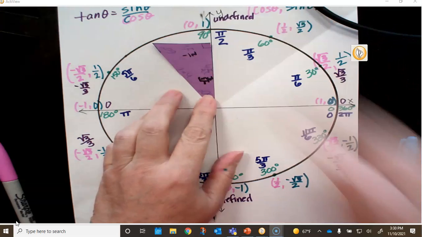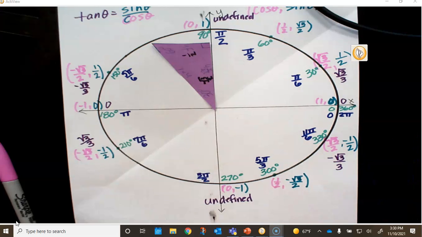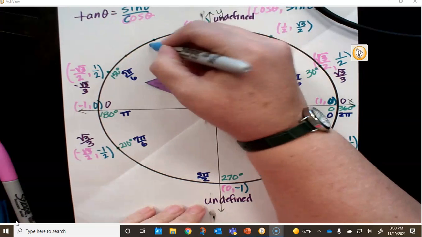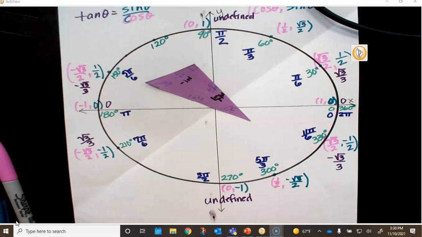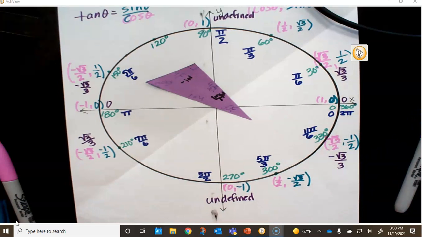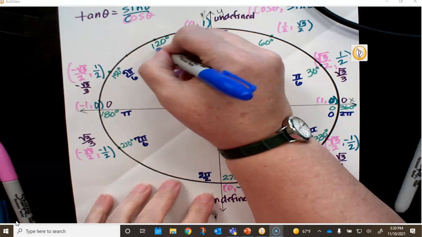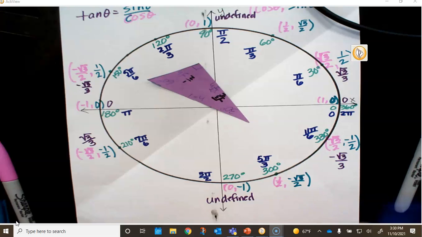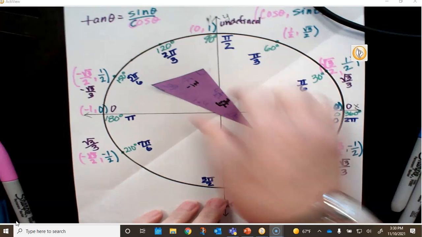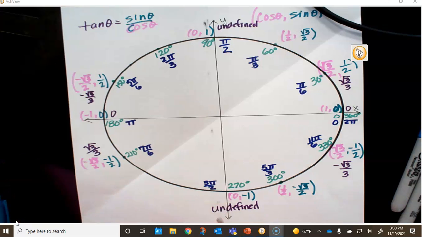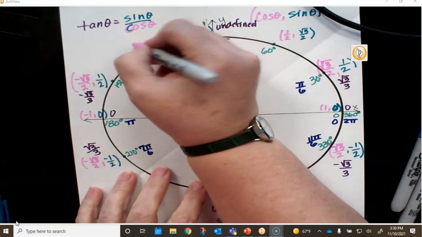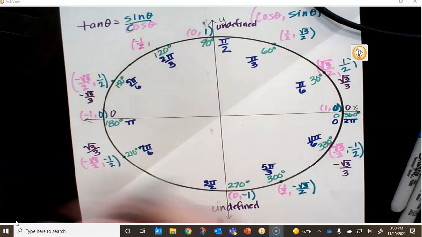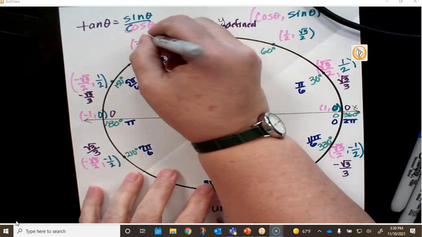All right, so that means I'm 30 past 90, which is 110. Oh, excuse me, 120. 120 is 2 times 60, which is 2 pi over 3. And then when I reflect over the y-axis, the x is what changes. So it was positive. Over here, it's going to be negative 1/2. And my y stays the same. It was positive square root of 3 over 2, so that's what it's going to be here.